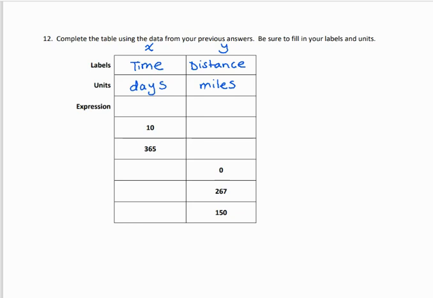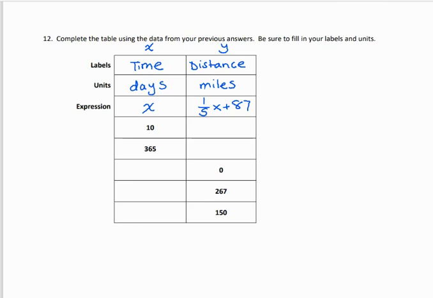Remember that first column with X is always just going to be X for our expression. The second column is what comes after the Y equals part in my equation. And that part was 1/5 X plus 87. We don't want Y equals because Y equals is an equation. So we take the part after the equal sign, and that's the expression.